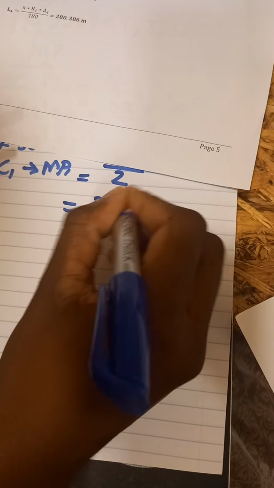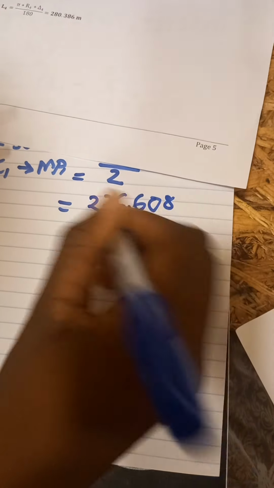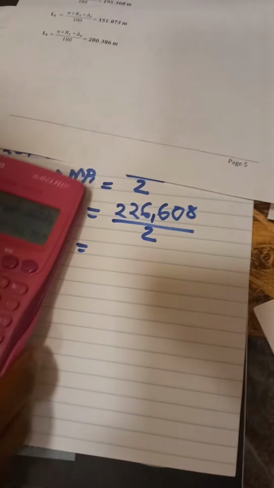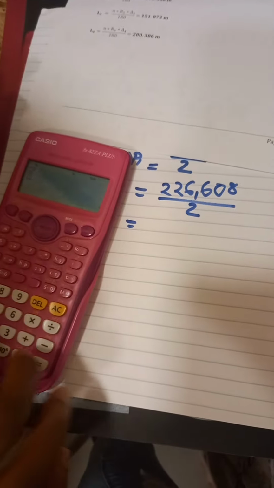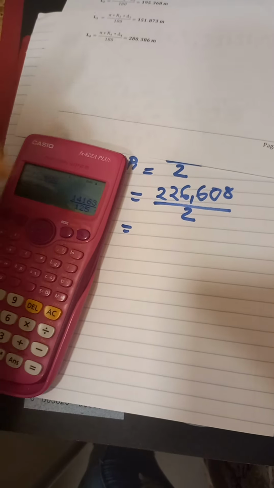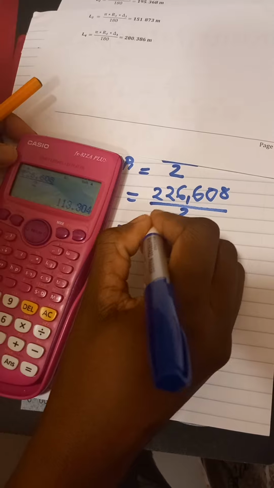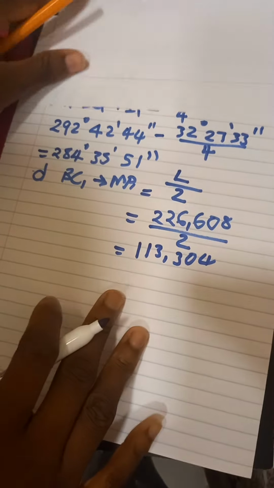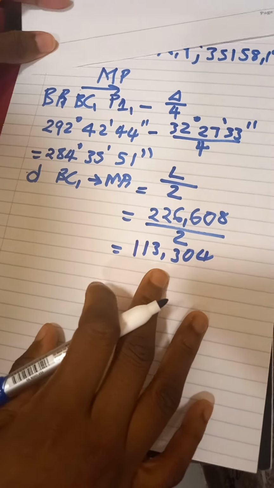So our arc length for the first curve is 226.608. We divide 226.608 by 2. This will give us the distance from BC1 to MP1. It's going to be 113.304. We have the bearing. We also have the distance.